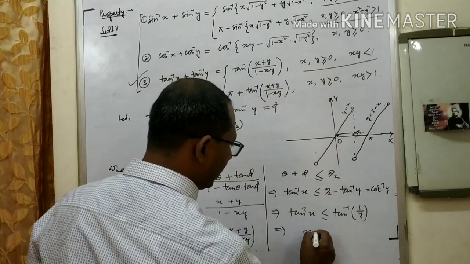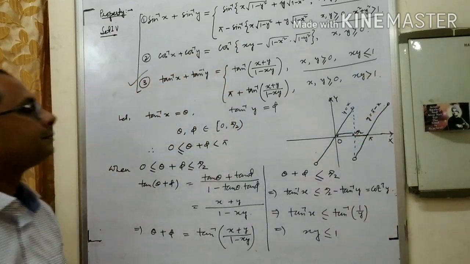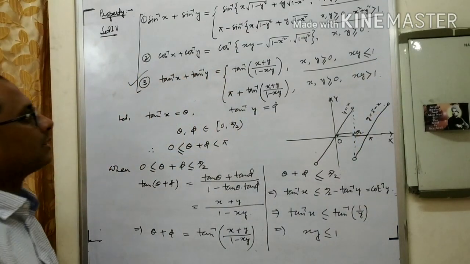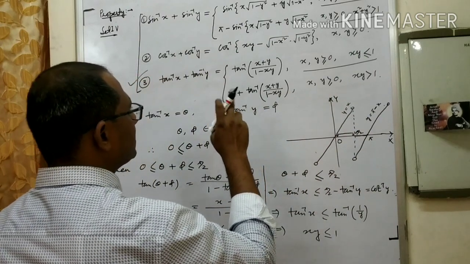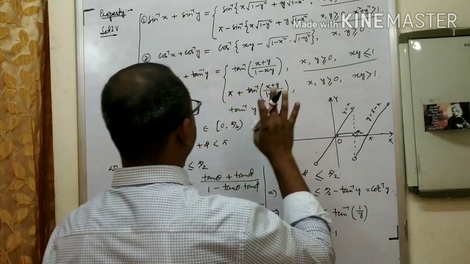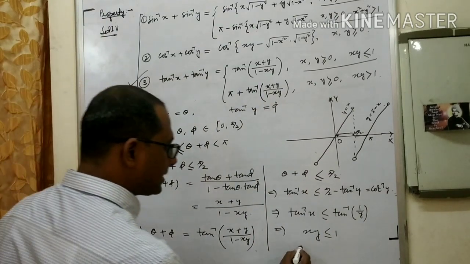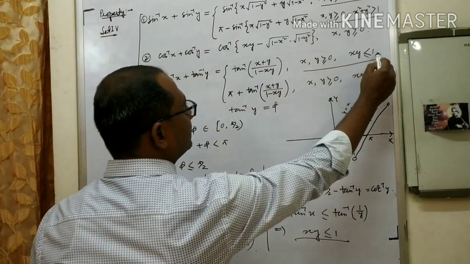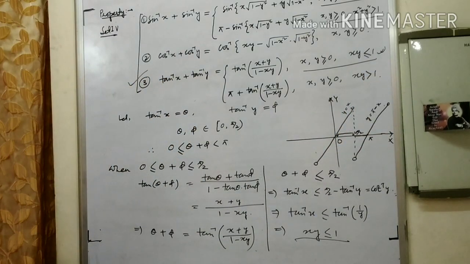So that we get xy less than or equal to 1. Equal to 1 becomes tan inverse of infinity, pi by 2. Okay, no problem. So this is the inequality along with this result. x and y are both positive, and this is what will happen.